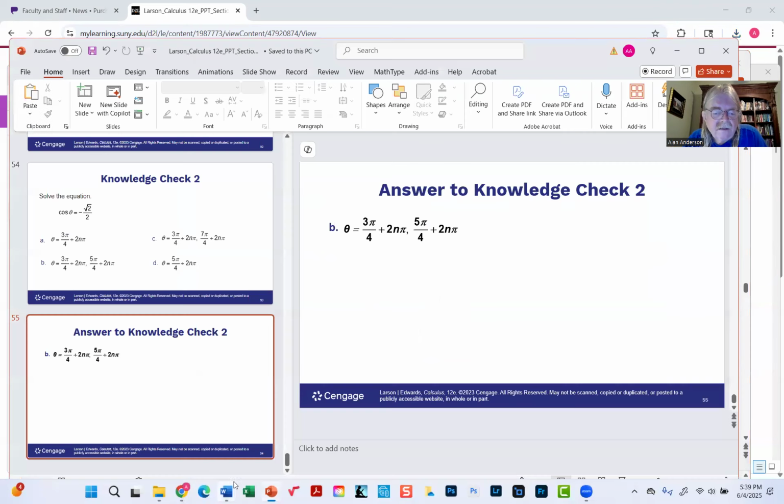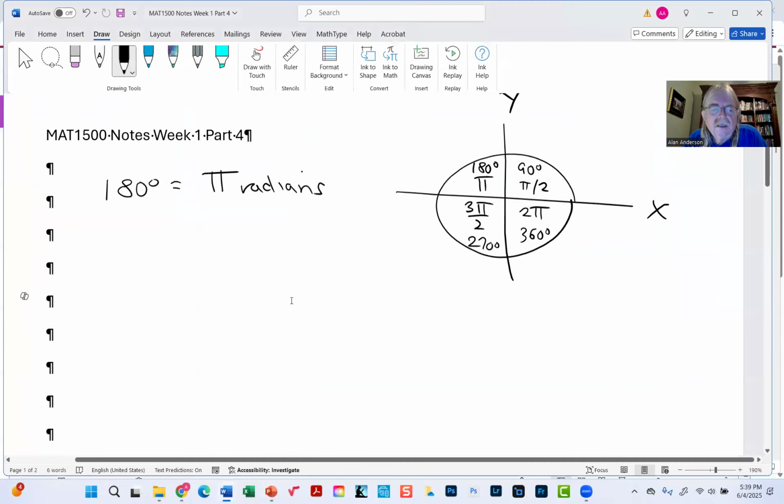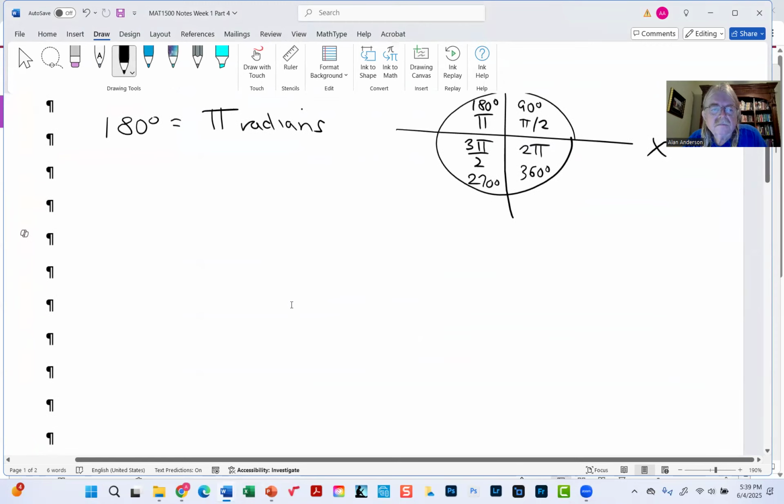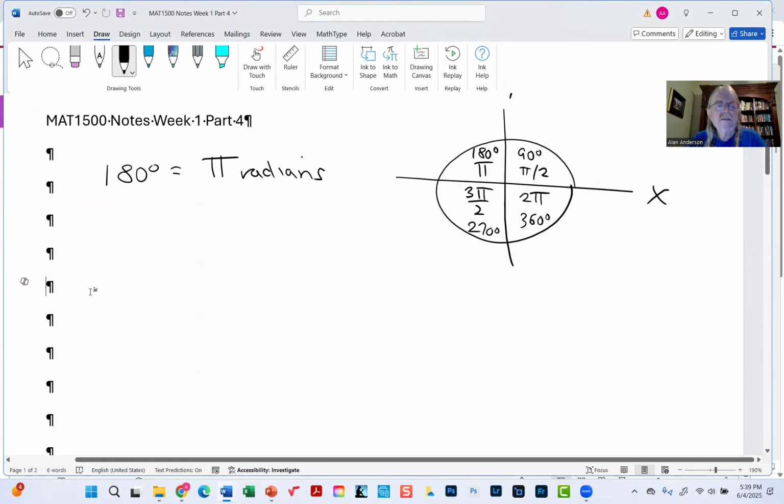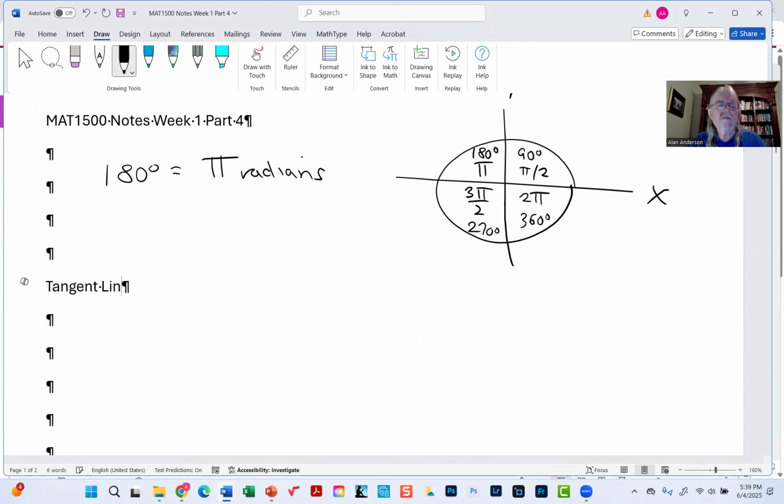And in case you've forgotten, a tangent line touches a curve at exactly one point.